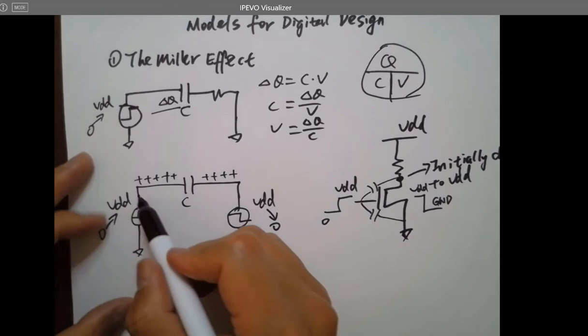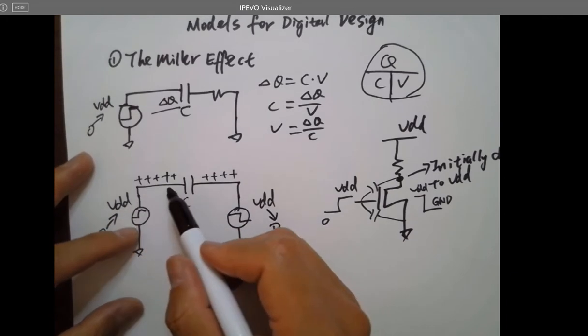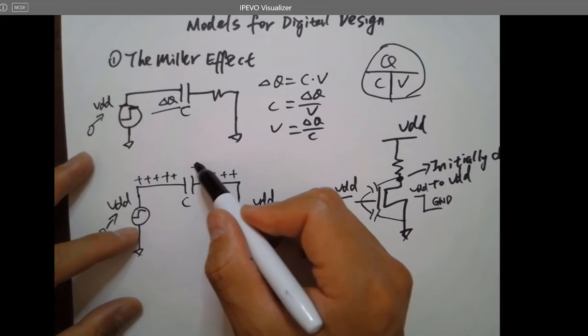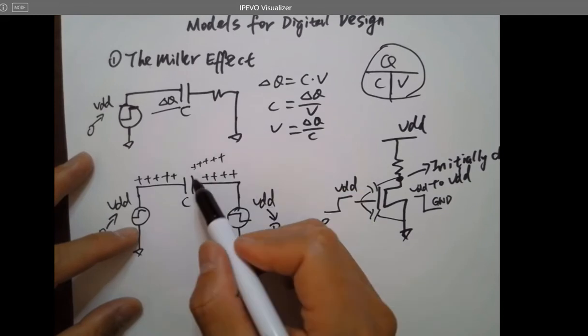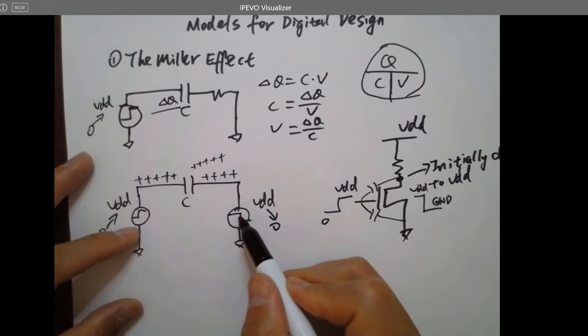So actually, whenever this is dumping positive charges, it's actually pushing positive charges from the other side. And at the same time, the other voltage source is doing the same thing.